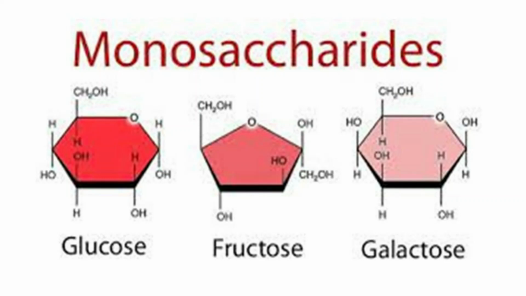A pinch of purified glucose on the tongue gives only a mild sweet flavor, and galactose hardly tastes sweet at all. But fructose is as intensely sweet as honey, and is the sugar responsible for honey's sweetness. Glucose, fructose, and galactose are the three types of monosaccharide.